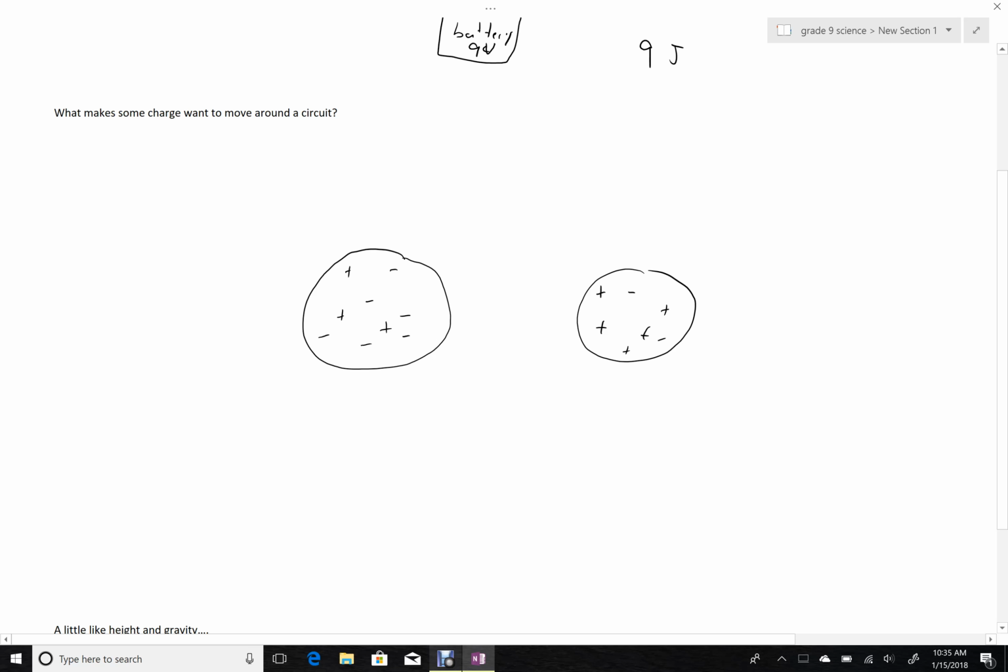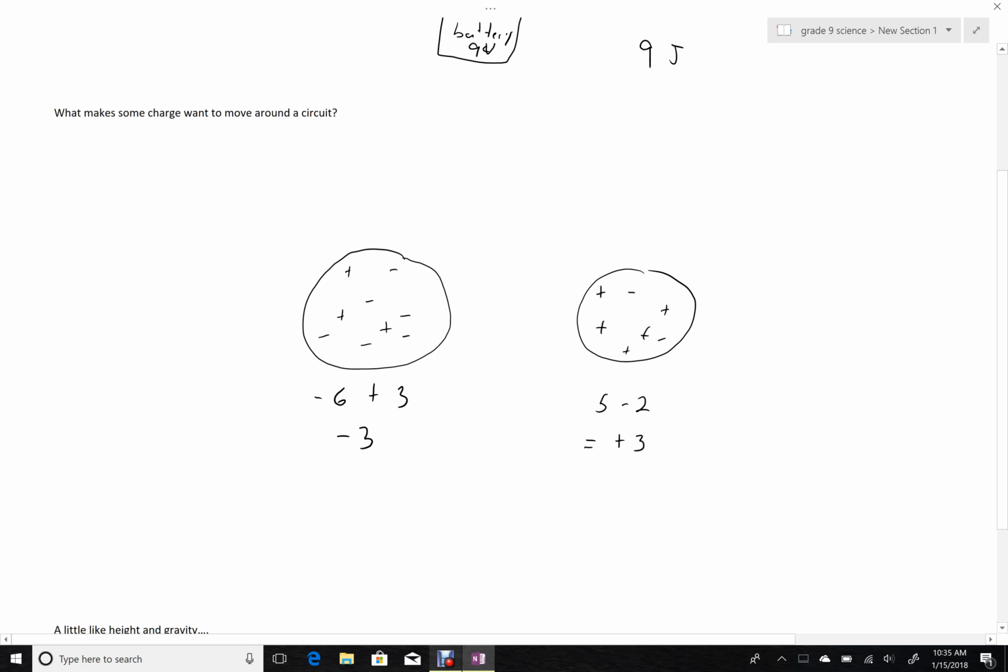So this object, for example, I've drawn 1, 2, 3 positives and 1, 2, 3, 4, 5, 6 negatives. So negative 6 plus 3, this region has a charge of -3. And alternatively, this region I've drawn 1, 2, 3, 4, 5 pluses and 1, 2 minuses. So this one has a charge of +3.